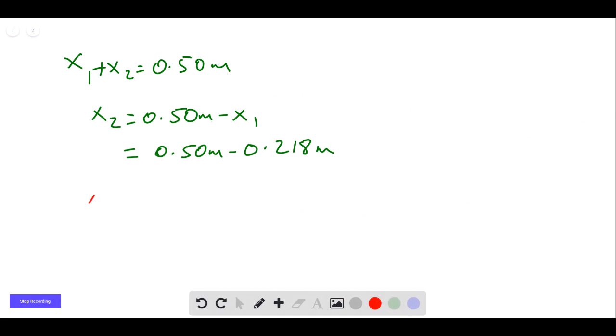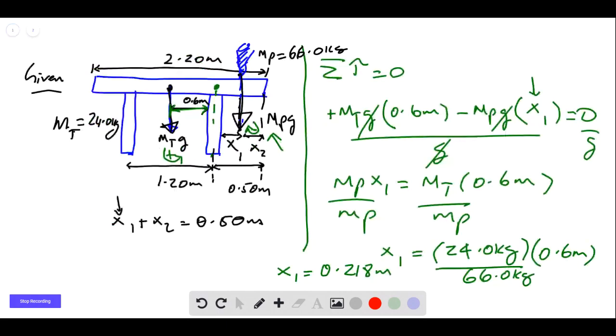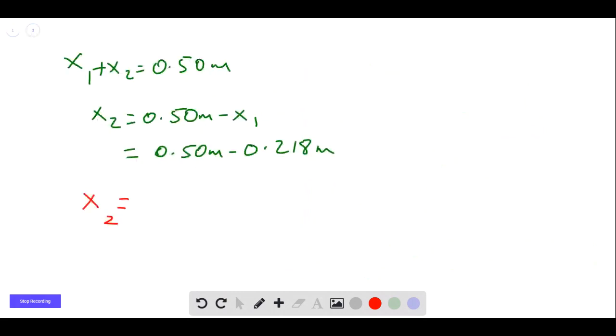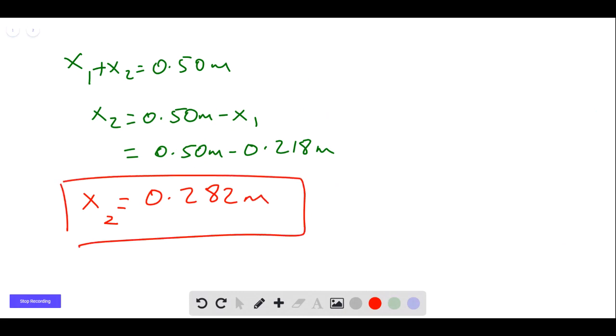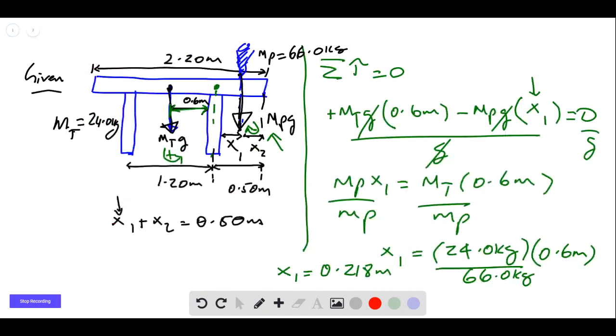And so x2, which is the distance we were looking for, becomes 0.282 meters. And that's the distance that the person has to stand on from the edge of the table.